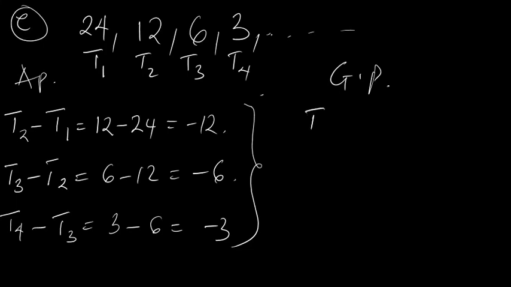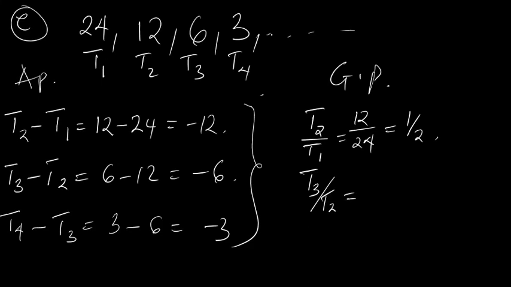Now we are going to look for the common ratio, whether it has a common ratio. So you say the second term divided by the first term, which is what? 12 divided by 24. This will give us half. Now the third term divided by the second term, this will give us what? 6 divided by 12.